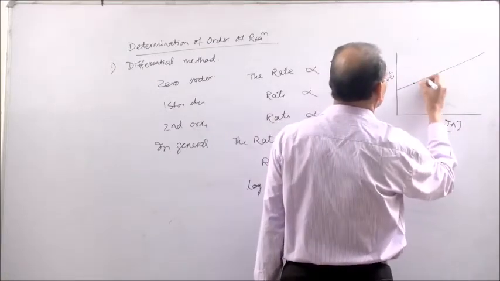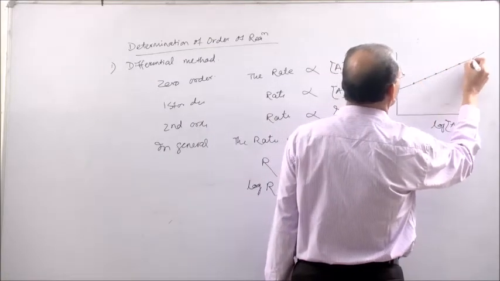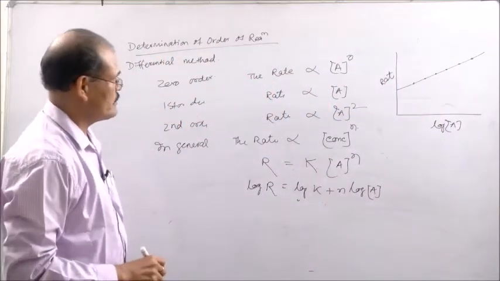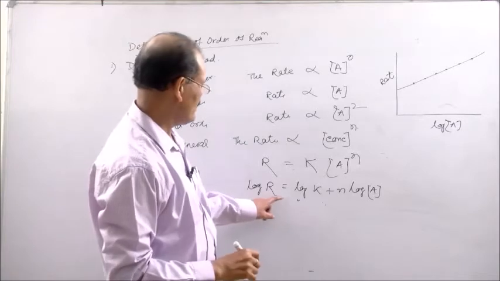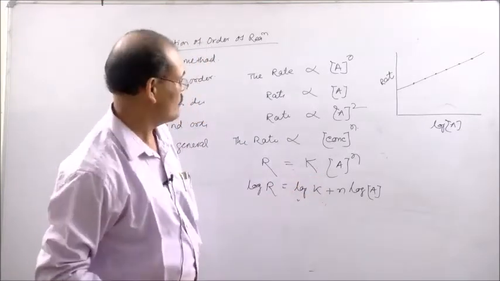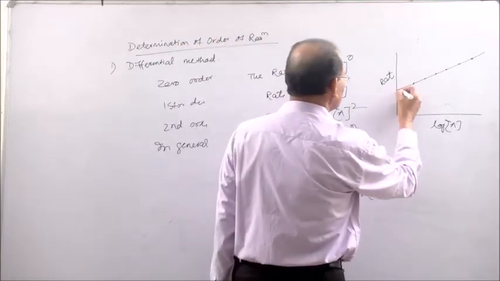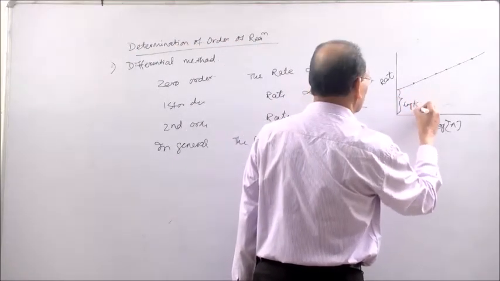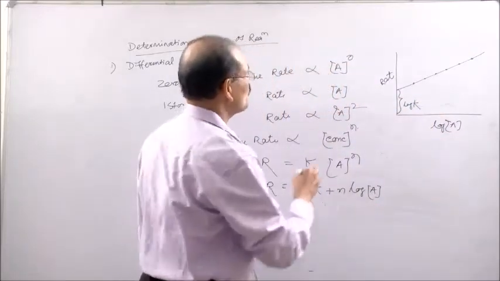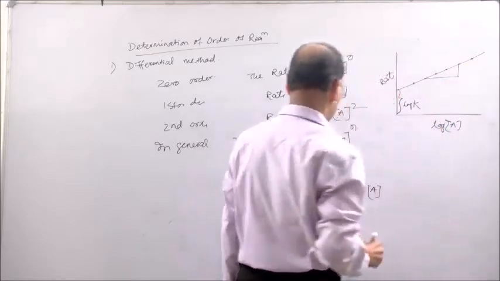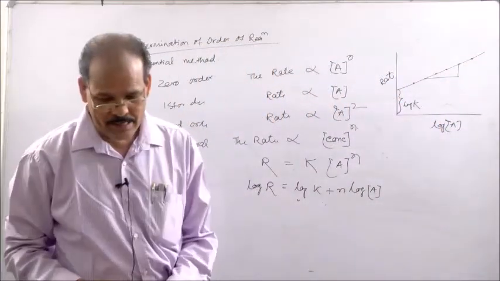These are the points. So considering this equation, log R equal to log K plus n log A, this intercept is log K, the constant value, and the slope anywhere will give the value of n.